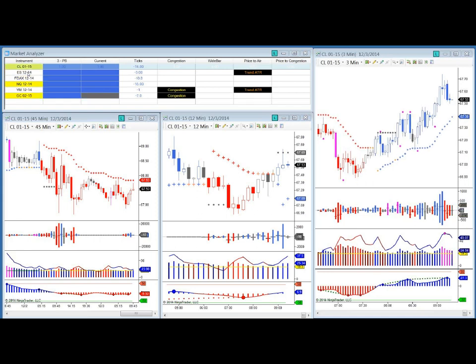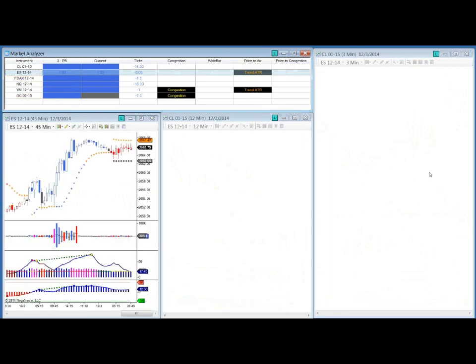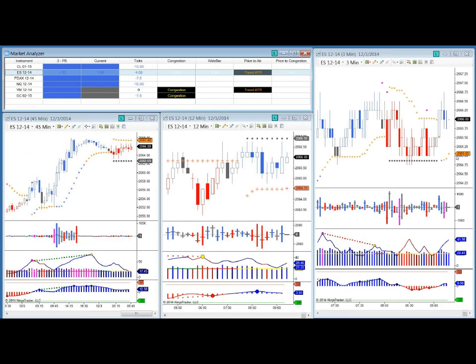Okay. ATR alert. We get more ATR alerts. You see all this orange here? Do you see the orange? Okay. That is one slow market.